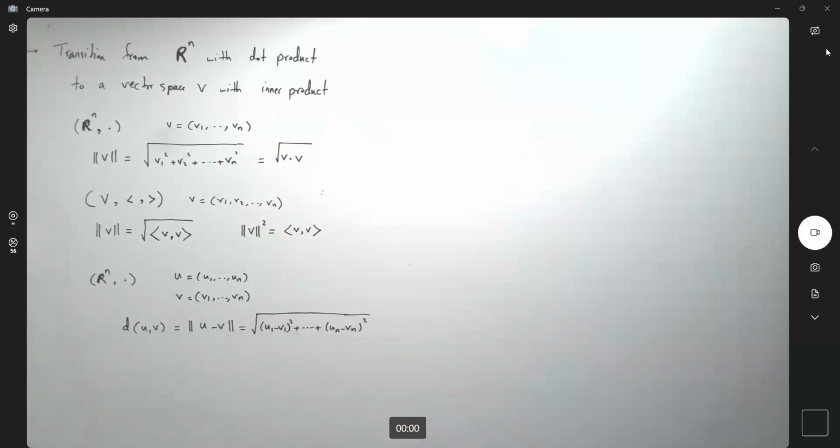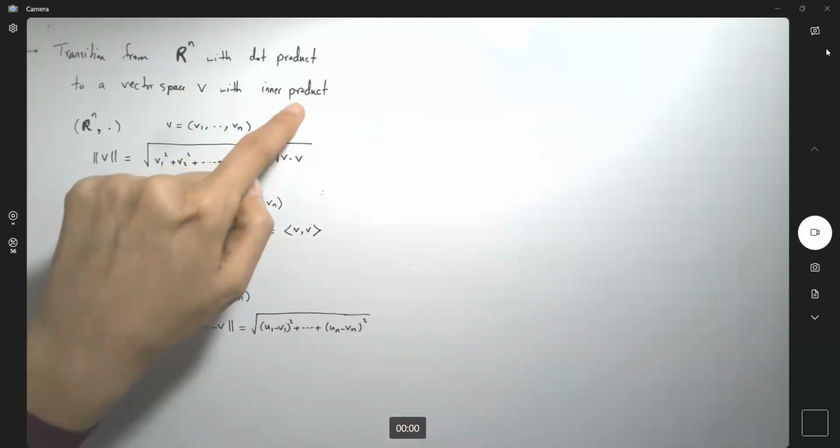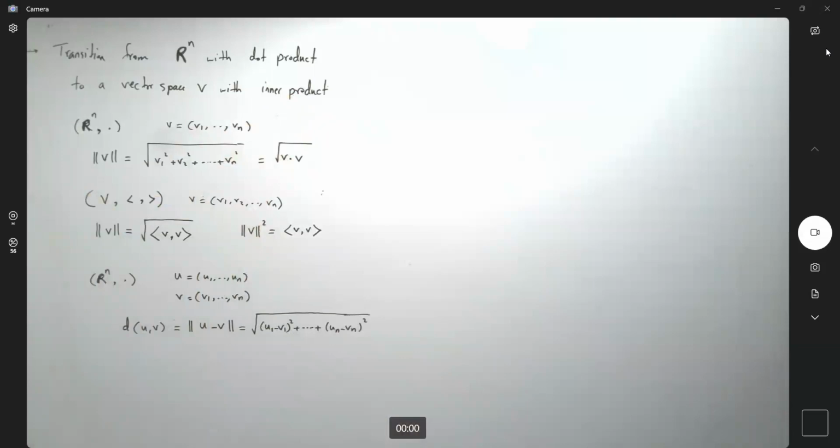But now that we transitioned to a new function, the inner product, we're going to change all of these. Now, if I ask you to find the distance using the inner product, we're going to define and write it this way.